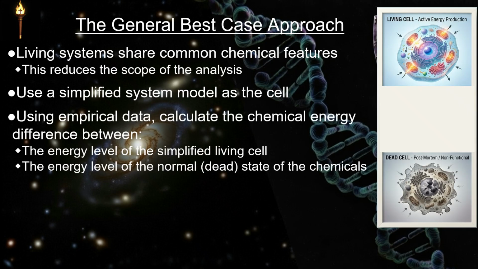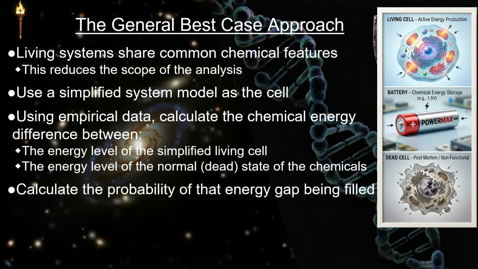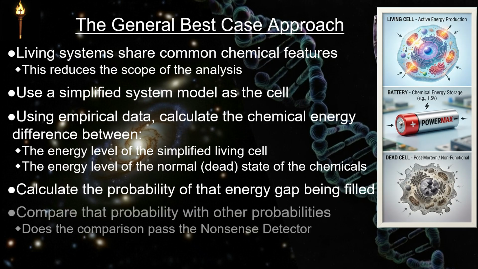We're going to use empirical data to calculate the chemical energy difference between the energy level of the simplified living cell and the energy level of the normal dead state of the chemicals. If you look at the figure, the battery is intended to represent the dead cell being energized and becoming a living cell. We're going to calculate the probability of that energy gap being filled.